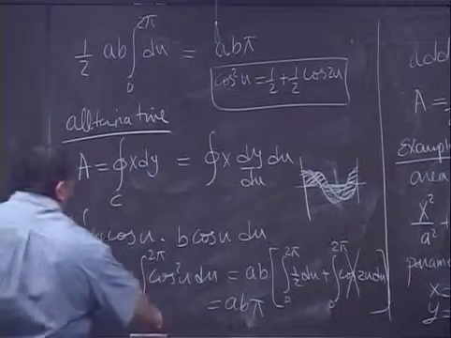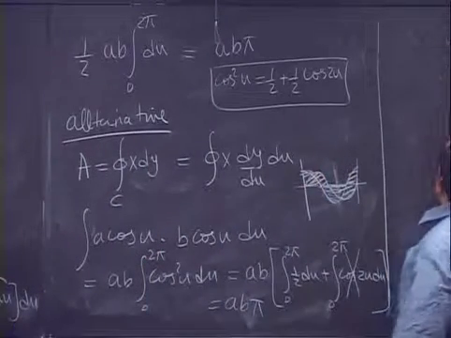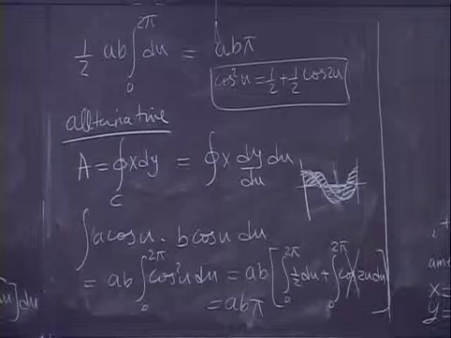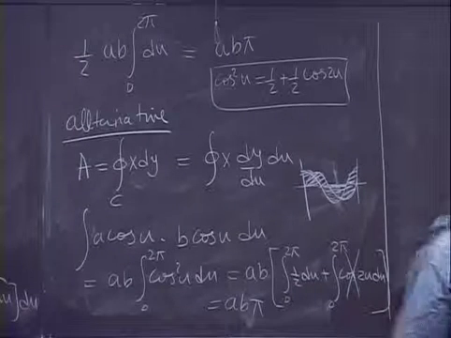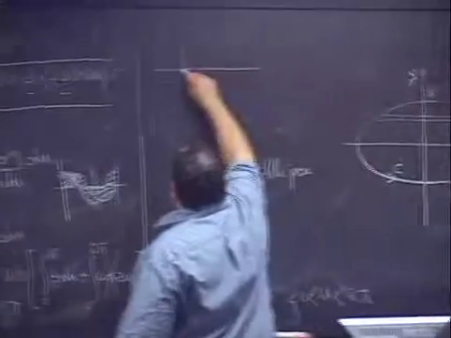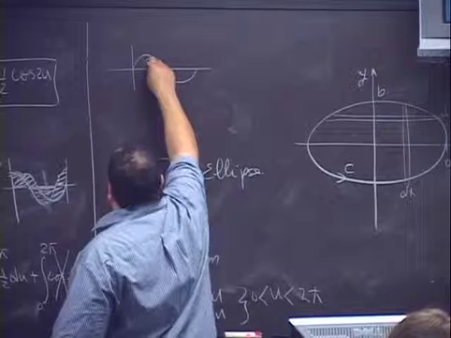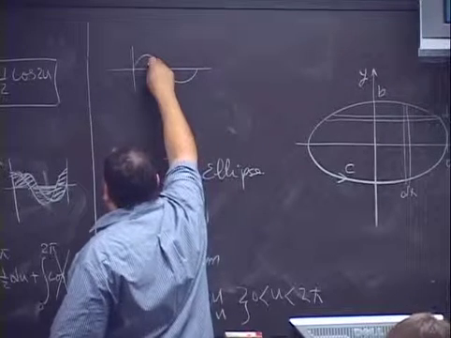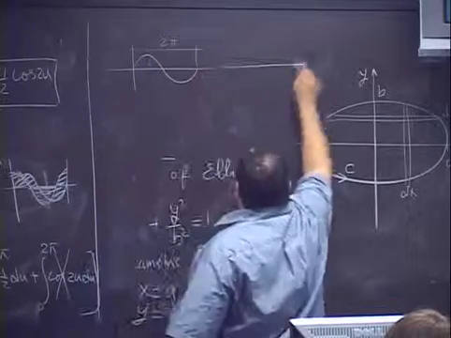Can it be applied to all the areas, or just because it is symmetric? If your function is symmetric, like the cosine and sine, and you integrate over the full period, if the function is first of all periodic, with a period of 2 pi, like this. I will show you another example.